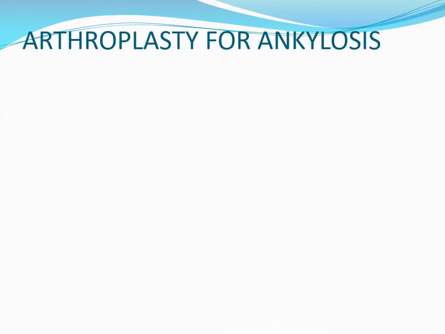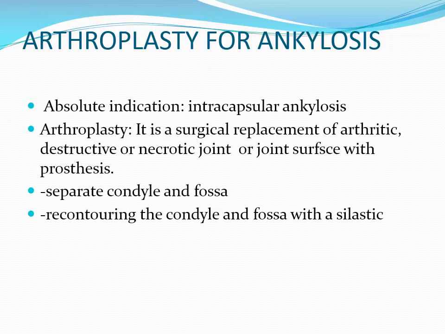Arthroplasty for ankylosis. Arthroplasty is a surgical procedure to restore the function of a joint, sometimes by using a prosthesis. We have an absolute indication, which can be intracapsular ankylosis, that means within the capsule. We separate the condyle and the head of the condyle from the fossa, and then it is recontoured.